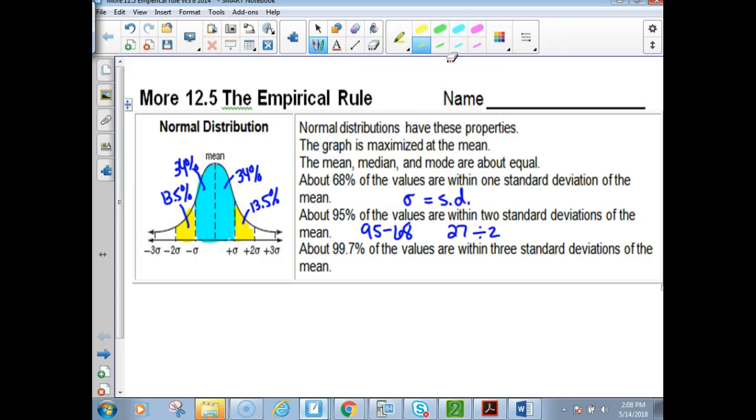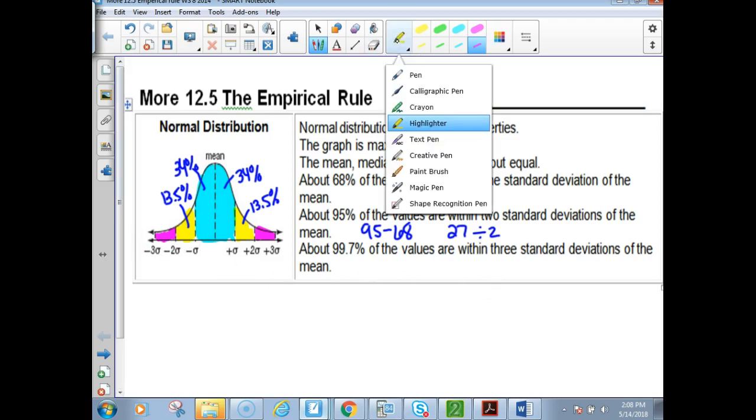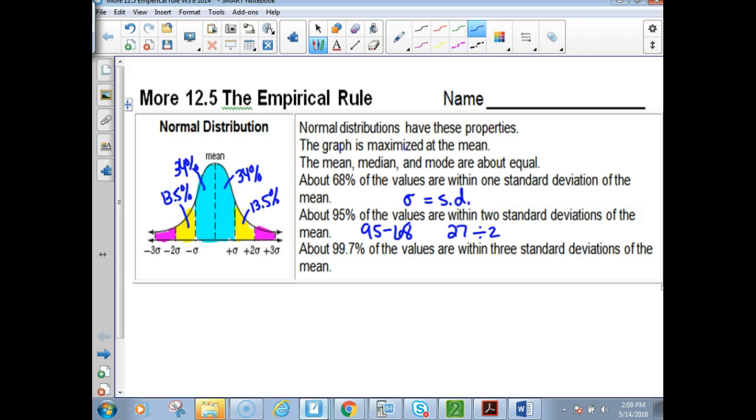But most of the data lies within 3 standard deviations of the mean. So you've got this little bit down here, where sometimes outliers lie. If they're really big outliers, then they're going to be outside of these 3 standard deviations. But check it out. 99.7% of the values are within these 3 standard deviations of the mean.